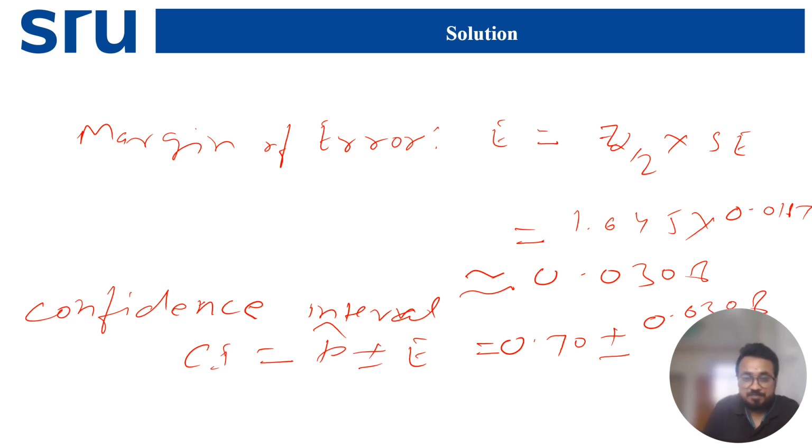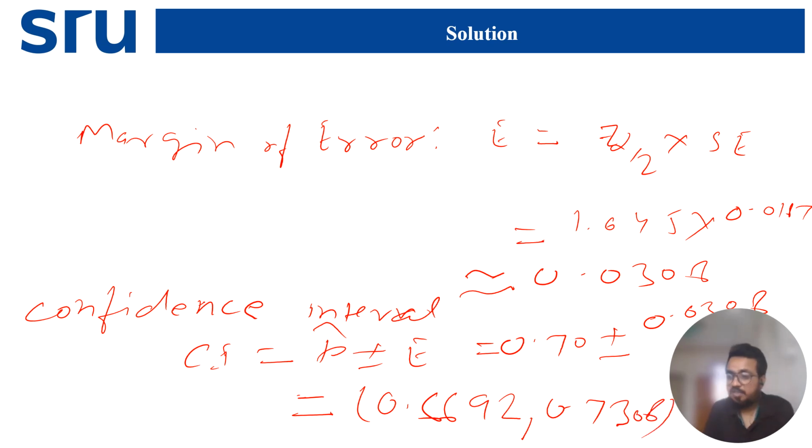Okay, so this is equal to 0.6692 comma 0.7308. So this is the confidence interval. The 90% confidence interval for the population proportion is 0.6692 to 0.7308. Okay, so this is all about the problem.